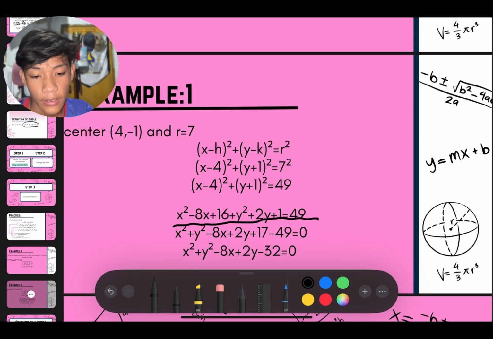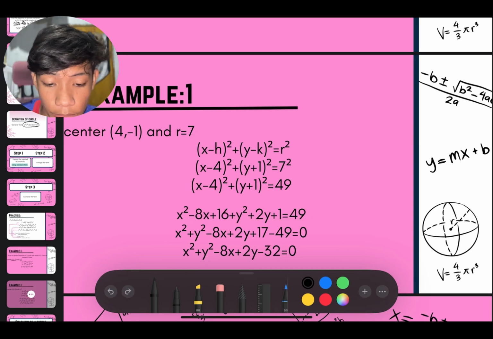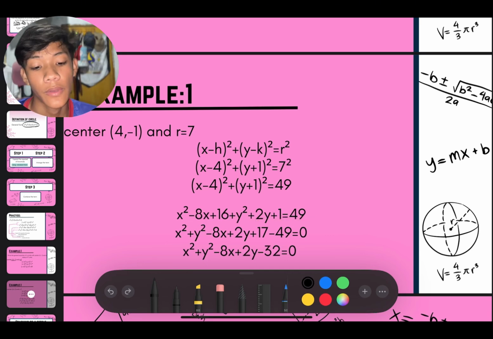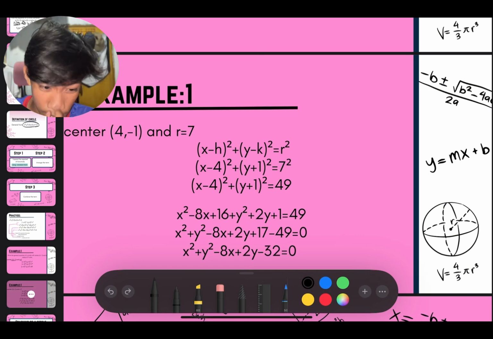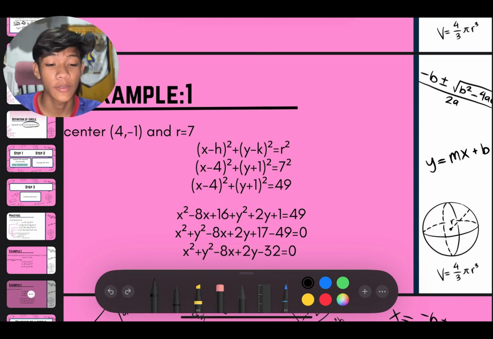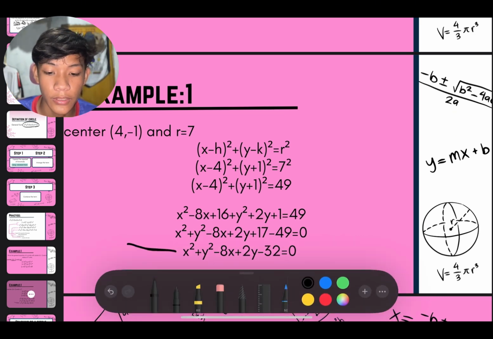Then let's arrange it. x squared plus y squared minus 8x plus 2y plus 17 minus 49 is equal to 0. It's arranged now. Then let's do the third step: combine.